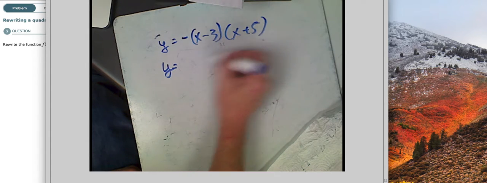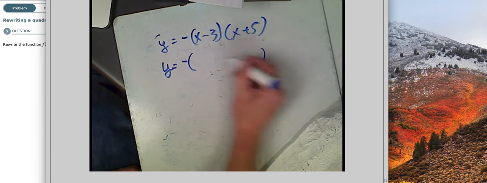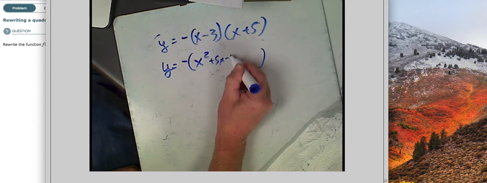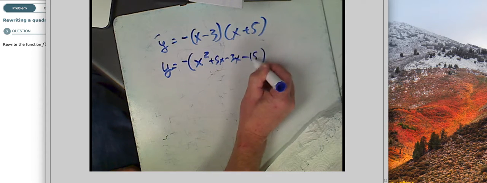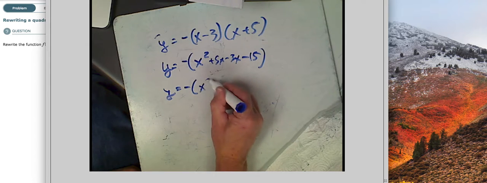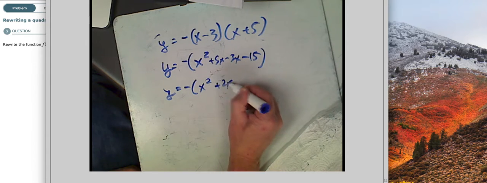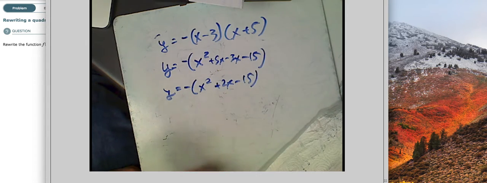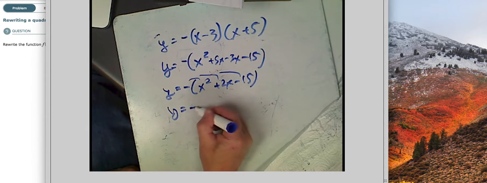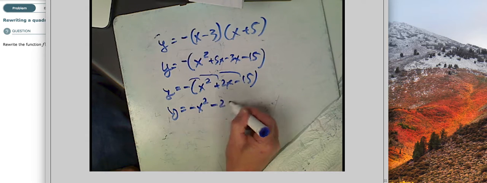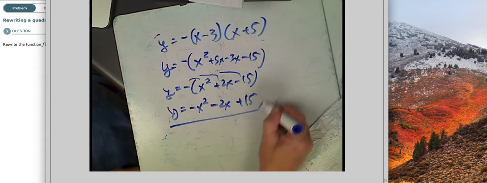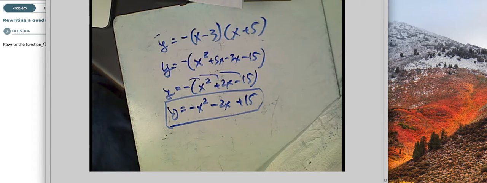First thing I'm going to do is FOIL all that out. x squared plus 5x minus 3x minus 15. And then y equals negative x squared plus 2x minus 15. And then I can distribute that in and get y equals negative x squared minus 2x plus 15. And then it would be in standard form.